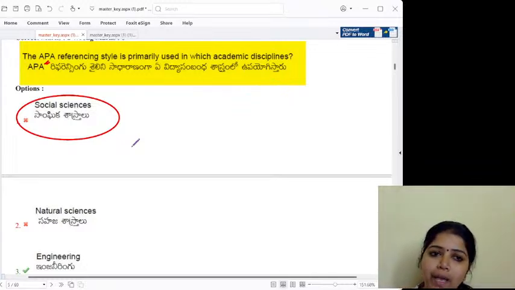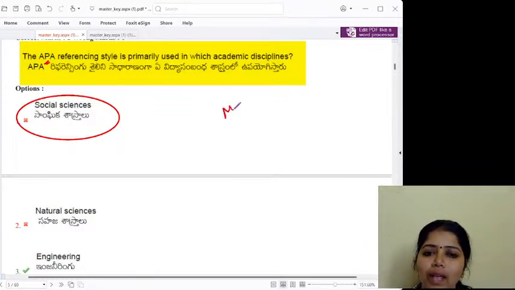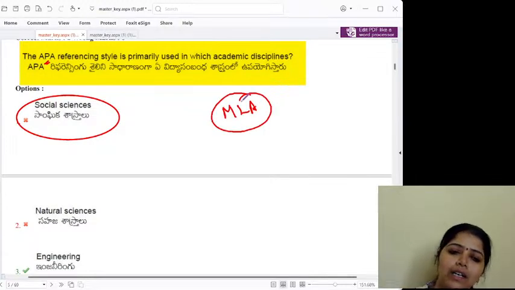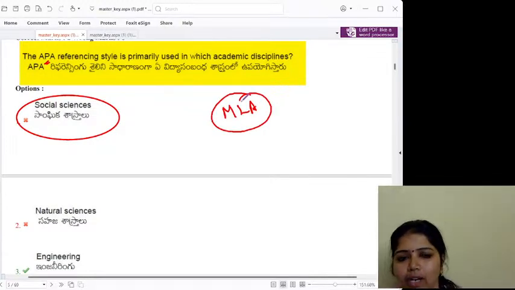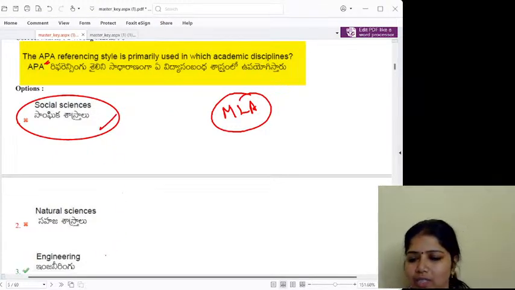So APA is a referencing style that will be used in social sciences like psychology, arts and all, right? Social science disciplines will be using this format. We have another format called MLA. This MLA format is mainly meant for science streams and all, right. So this APA is meant for social science, not for engineering stream.